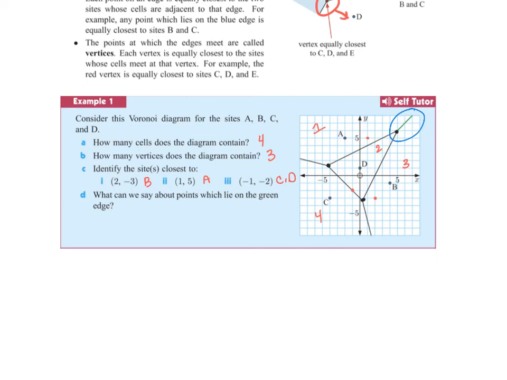Well, the conclusion is that the points that lie along that green edge are equally close to site A as they are to B. So they're equally close to sites A and B. All right, so I hope that wasn't too hard.